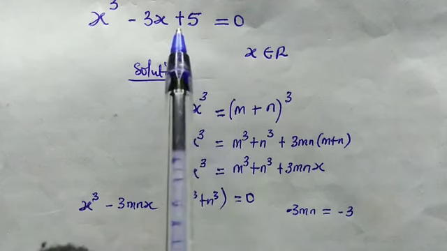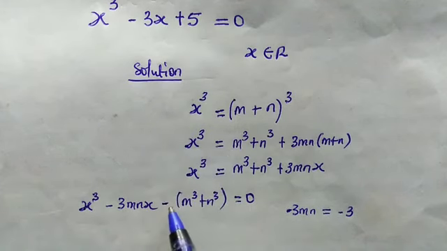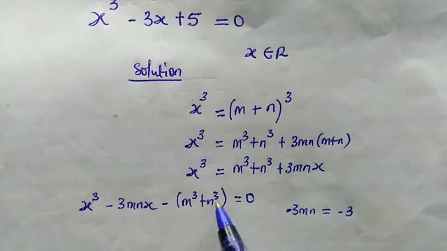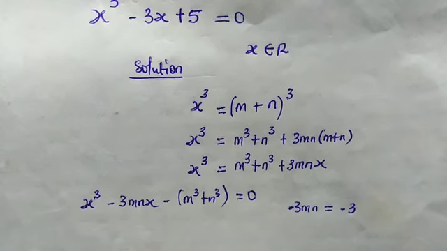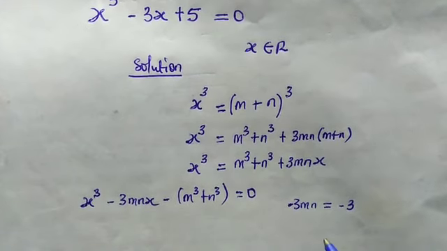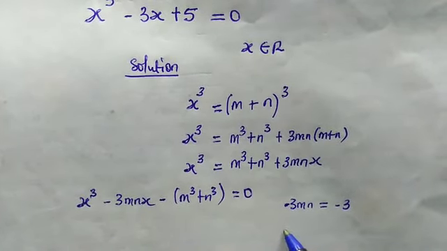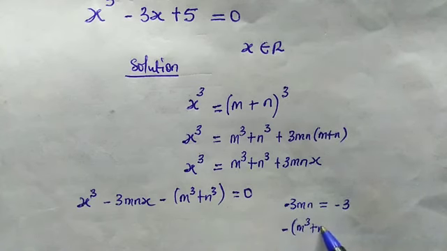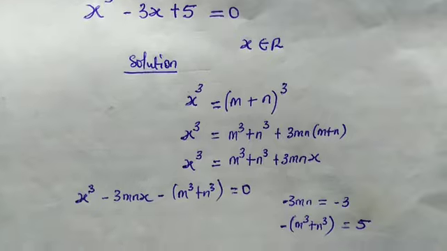Here we have plus 5, and here we have negative m cubed plus n cubed. So from here we can compare the constants. By comparing this, we have that negative into brackets m cubed plus n cubed is equal to 5.